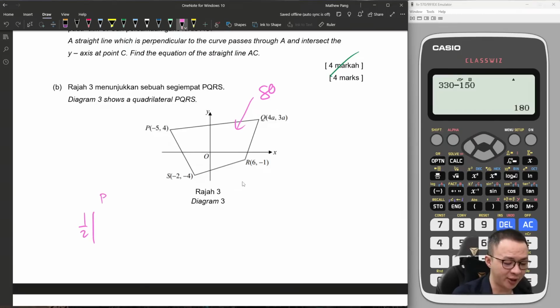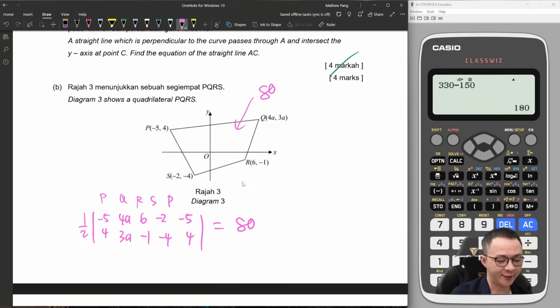I will put the coordinates P, Q, R, S, then repeat coordinate P. My x, y, my x, y, my x, y, my x, y, then repeat the first one, equals 80. This is how I use the area formula.